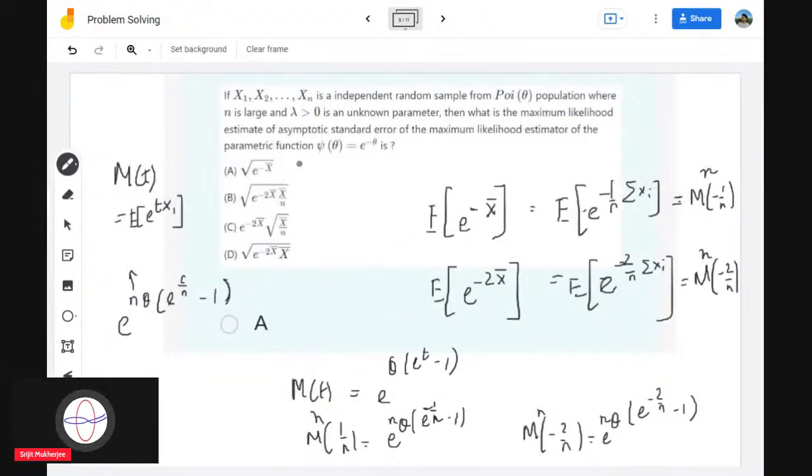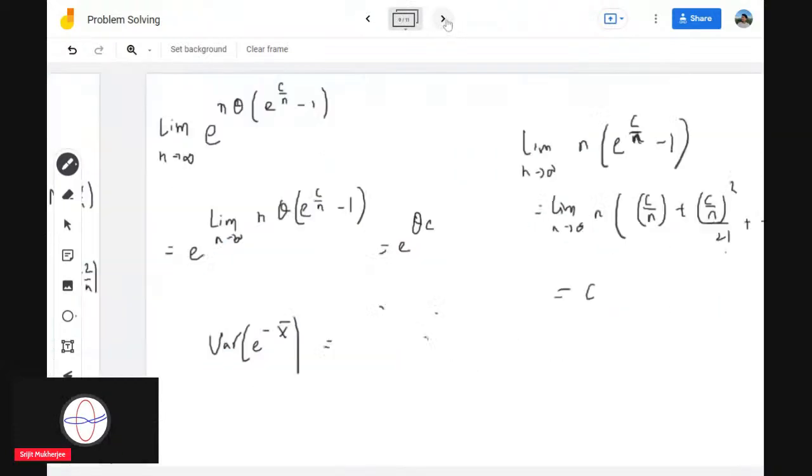The variance is 0, then this shouldn't have been the option. Minus 1 by n, so that is coming out to be minus x i by n whole to the power n. That is true. Sir, 1 minute, can you show the limit? I don't know whether we can actually use the Taylor series at all.